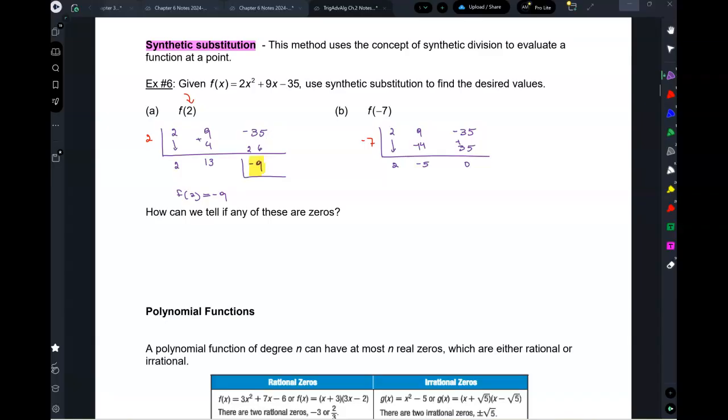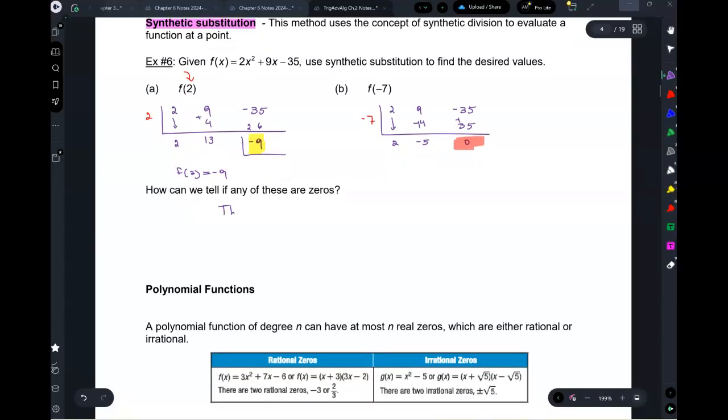When I add, I get 0. Okay, so now when you do synthetic division, how can you tell if any of these are zeros? Well, in this case, the remainder is 0. So that's how we can tell that it is a zero.